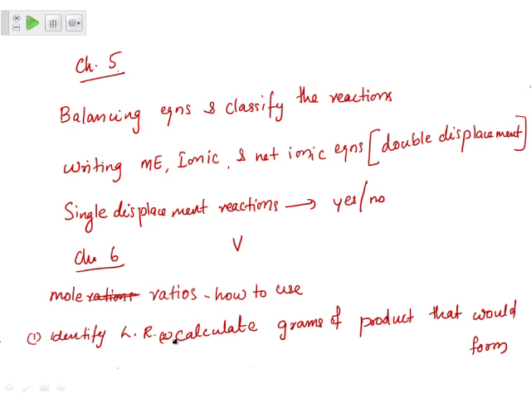Then you compare with what you are given in the actual problem. Then it's logic. If you are given more than what you calculated, that means it is the excess reactant. If you are given less than what you calculated, then that is the limiting reactant. Remember that?